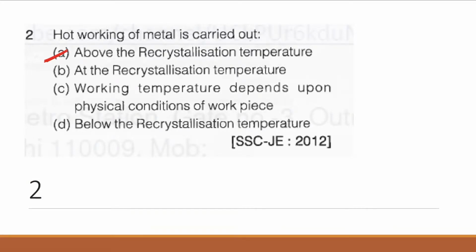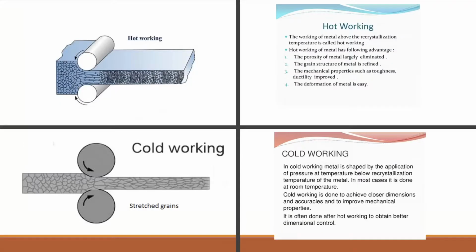The correct answer is A. This is the hot working process, in which the metal is rolled between these two rollers. The metal is also heated, and that's why the process is known as the hot working process. In hot working we heat the metal above the recrystallization temperature.